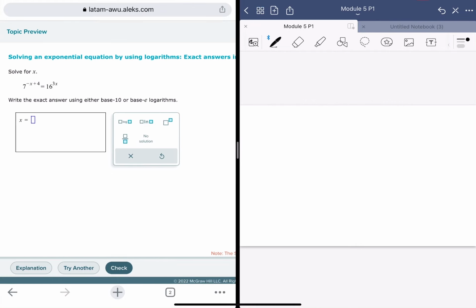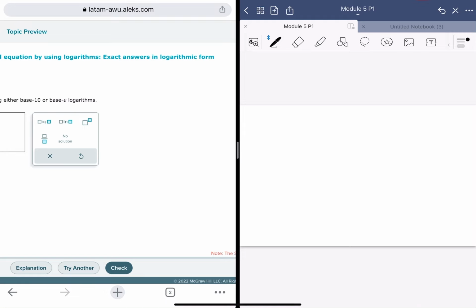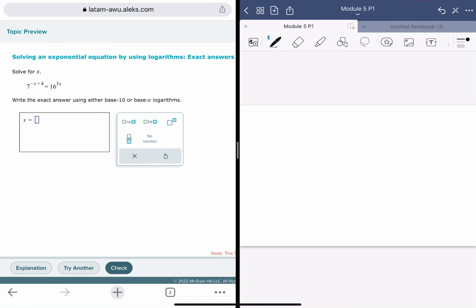This topic is solving an exponential equation by using logarithms. Exact answers in logarithmic form. For this particular exercise, we'll have the x in the exponent on both sides.